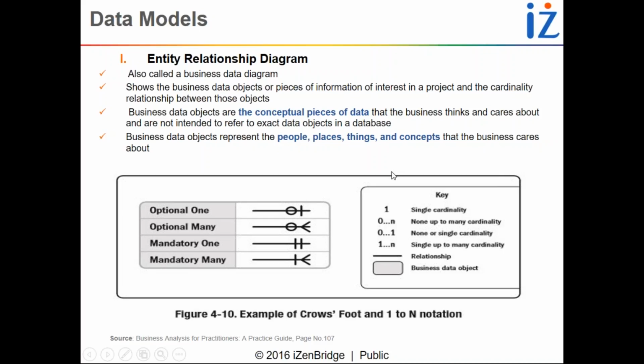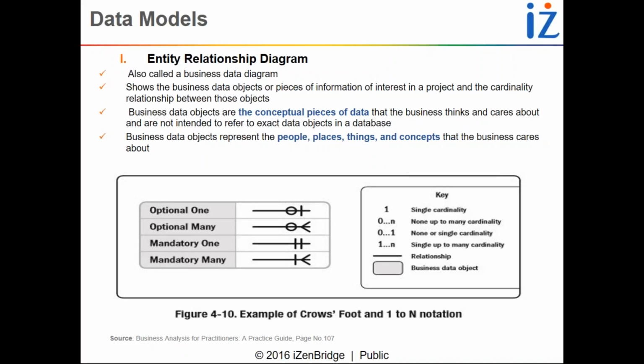And when we have identified the different entities in the system, we see how these entities are related to each other, and that relationship is known as cardinality, and we see what the multiplicity is there, like for any entity how many instances are related to the other entity.